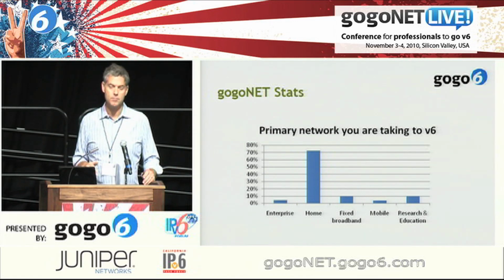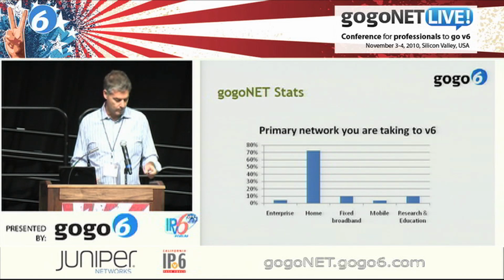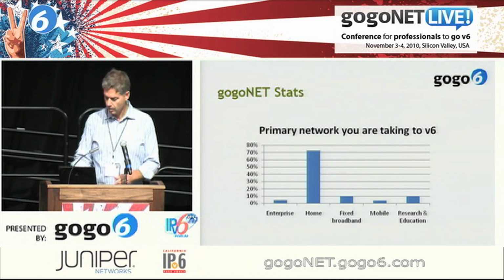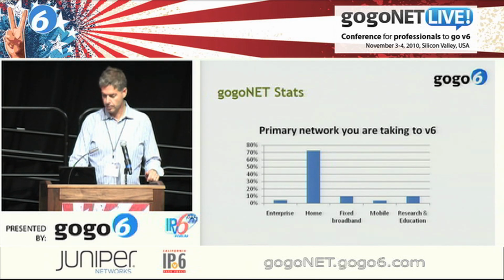And they're doing this because they want to be prepared, because any moment they're going to be tapped on the shoulder and they know they're going to be the ones responsible for building the IPv6 network. So they're taking it into their own hands, and I think that's pretty commendable. Or maybe it's self-serving as well, but it's still good.